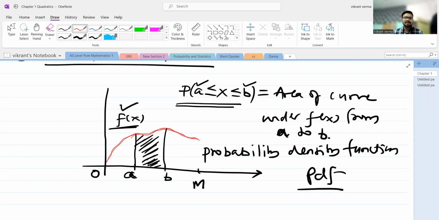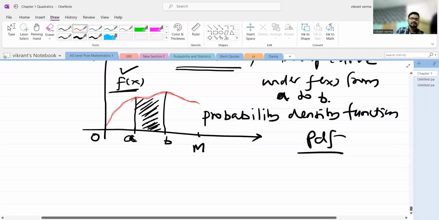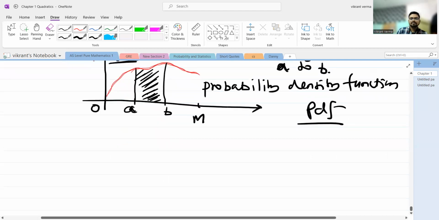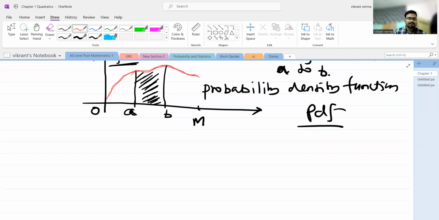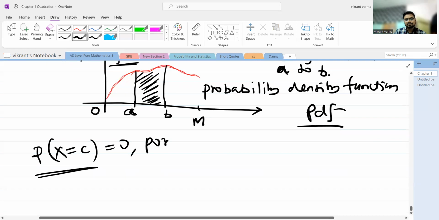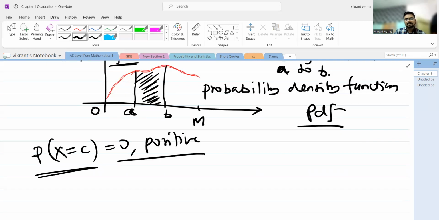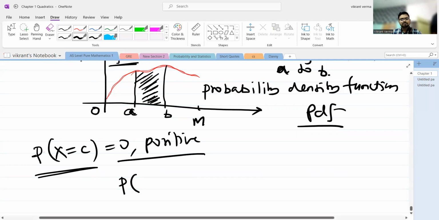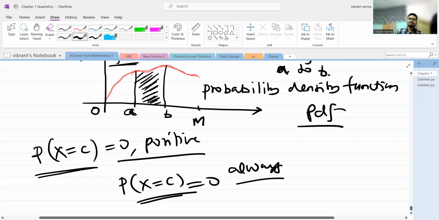One more important thing that you need to remember is that the probability of any particular value of the random variable occurring is zero. In the earlier discrete random variable case, if you want to find the probability of x equal to c, it can be either zero or some positive number. But in the continuous random variable case, you need to remember that the probability at a particular point will always be zero.